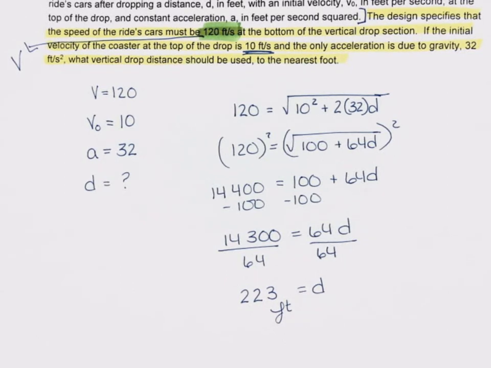I didn't leave myself enough room to put the answer. That's it? That's it. That's all you needed to do here. It was just algebra. That's the easy part of this. Okay.